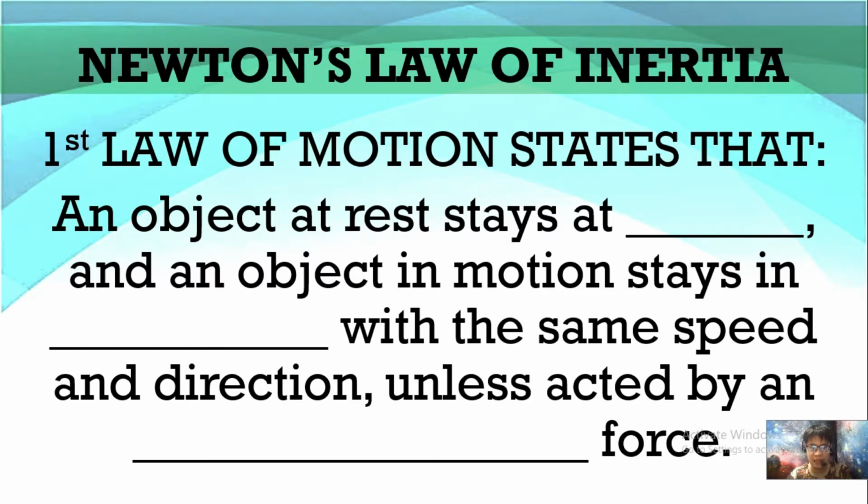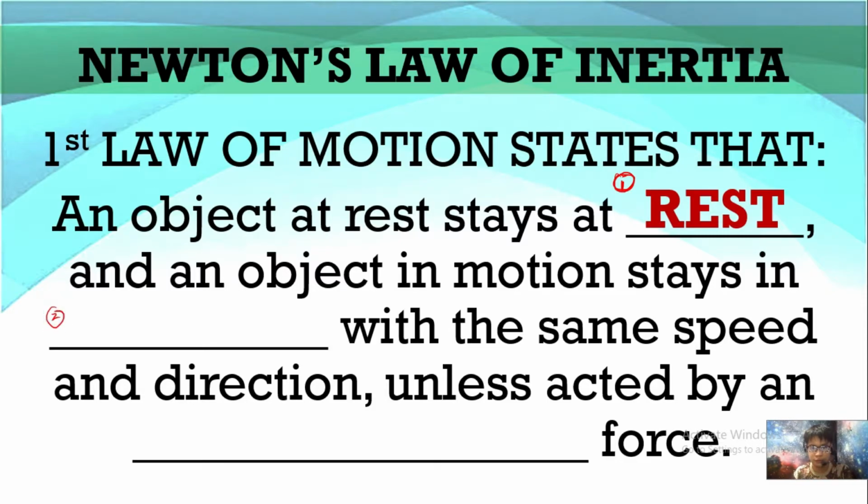So let's start with the first blank here, number 1. So what is the missing term? Correct. An object at rest stays at rest. Okay? And an object in motion stays in, what do you think is the answer in number 2? Correct. So the answer is in motion.